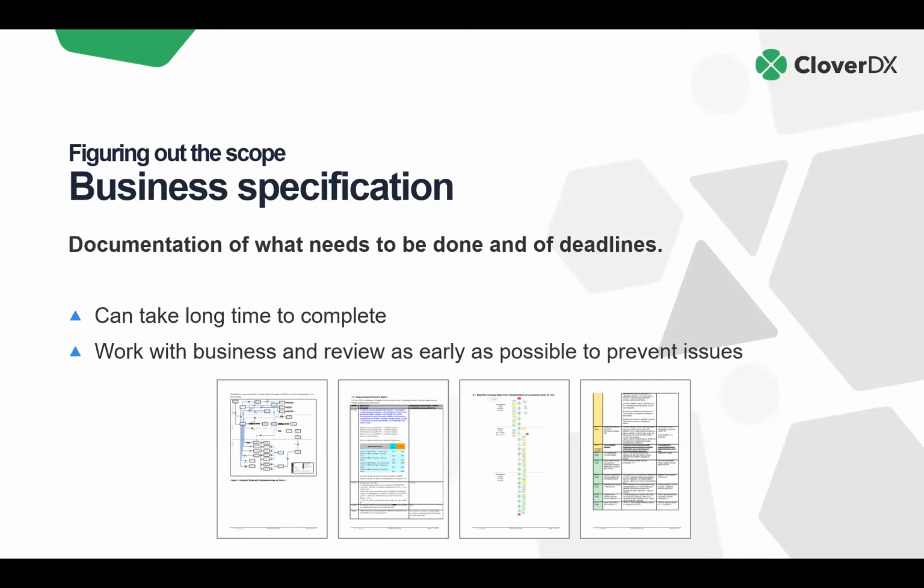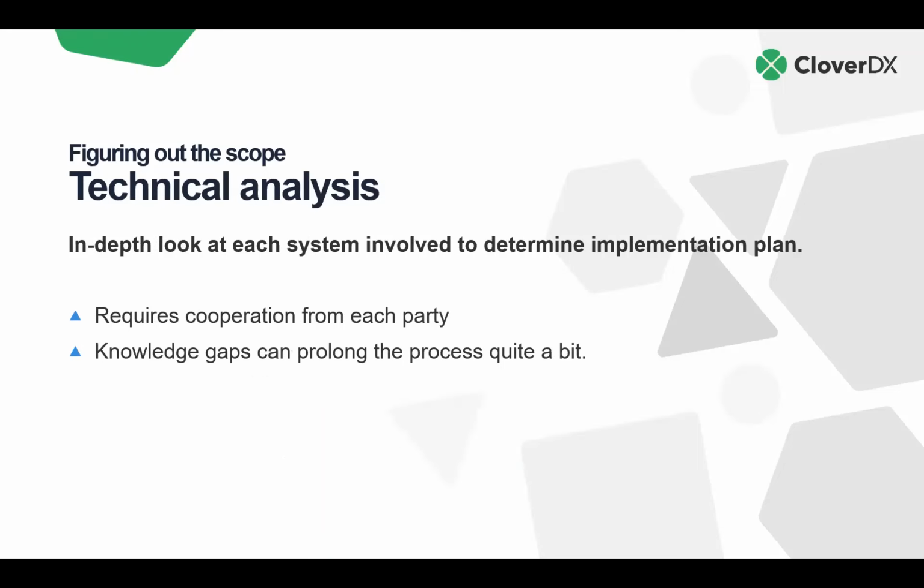The second step that, as I mentioned, is best to do in parallel while this is being created is to do technical analysis. This is basically going into each system that's involved and looking at them in depth to make sure that you understand exactly how they work and what is needed, for example, to connect to each of your systems, to figure out what the data layouts are and so on. Many of these things will be known during the business specification work, but they might not have all the details.